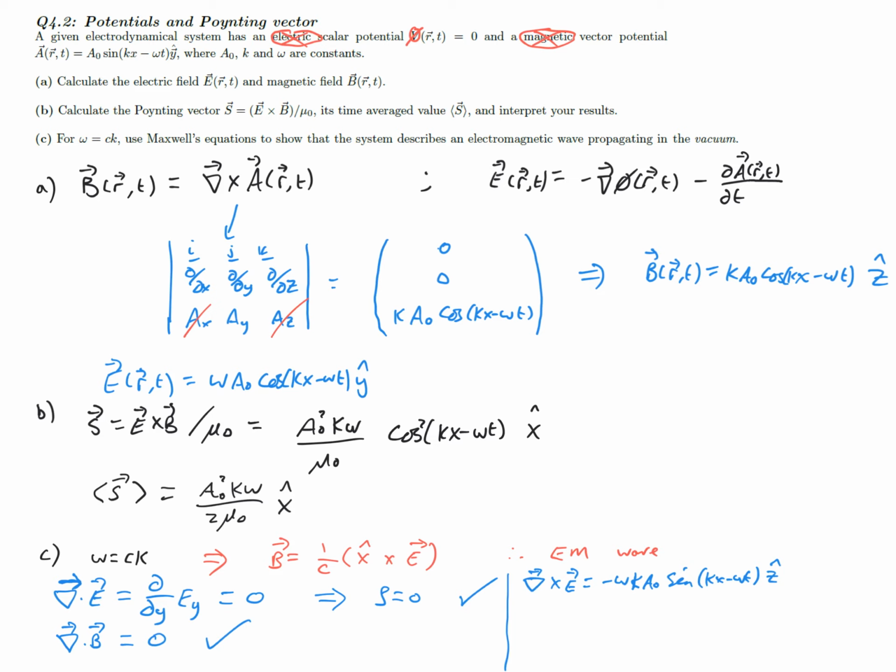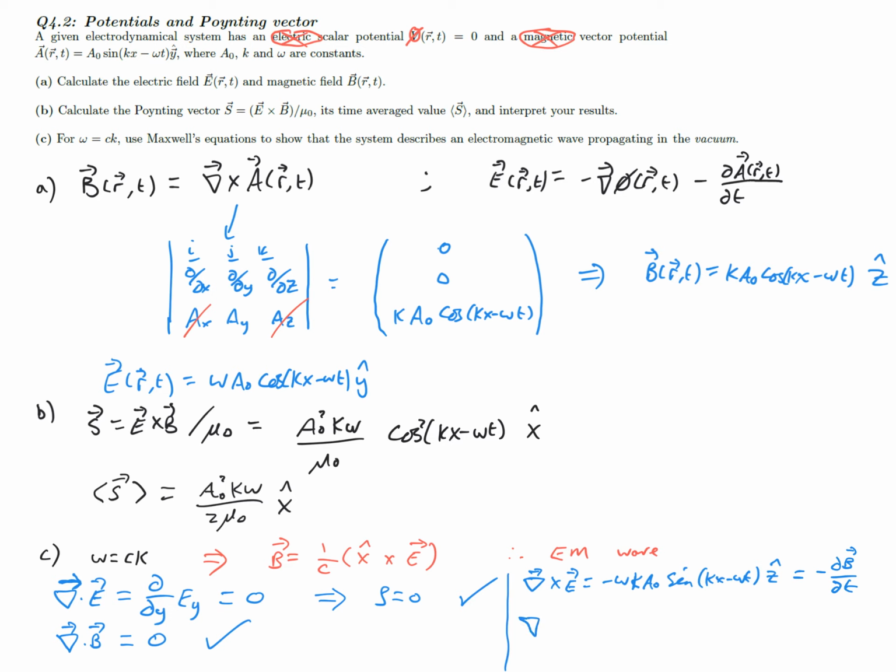And obviously that's equal to minus the time derivative of the magnetic field, which we can see from here. It's in the z direction. If I take minus the time derivative here, I get precisely this result, which is, again, exactly what we want.